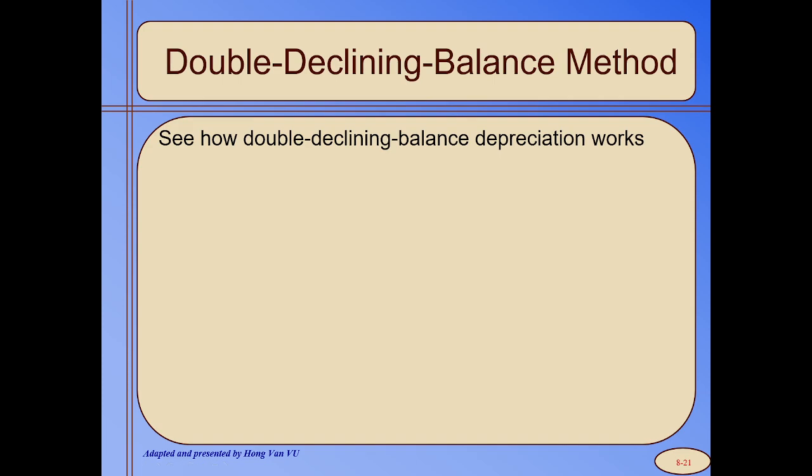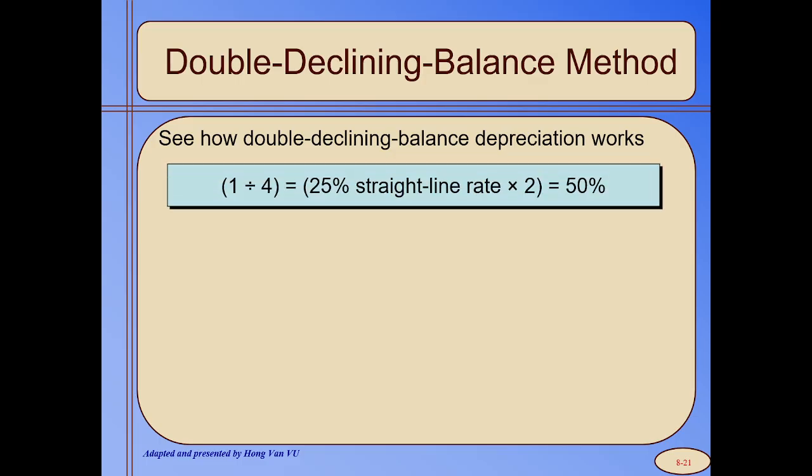So let's calculate depreciation expense under the double declining balance method. Here we combine the two steps. We determine the straight line rate of depreciation by dividing 4 into 1 and we get 25%.